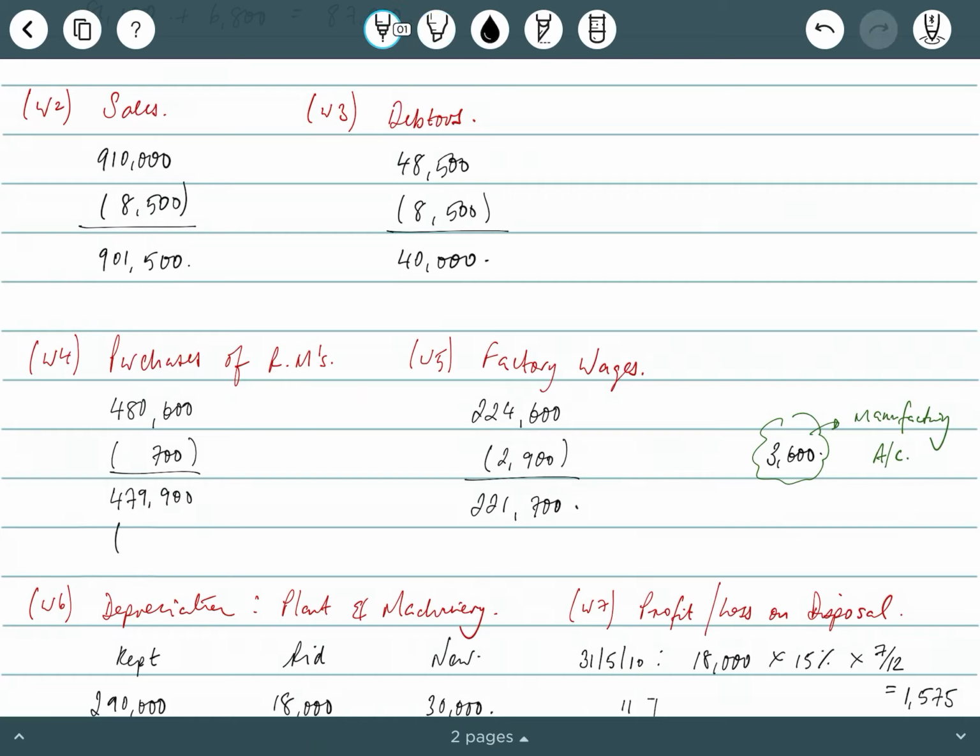So we need to take away how much we paid. If we got an allowance of 4,000, well we paid 26,000 then, using a cheque. So 479,000 minus 26,000 is 453,000. Again, that will go into your manufacturing account.